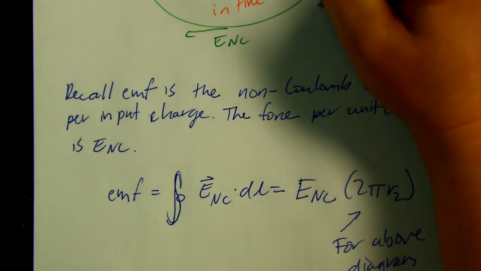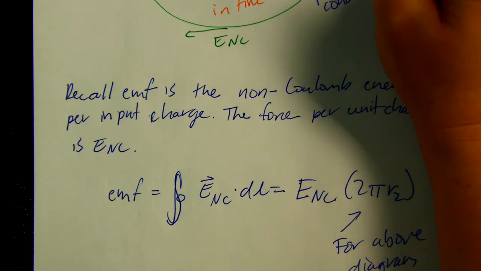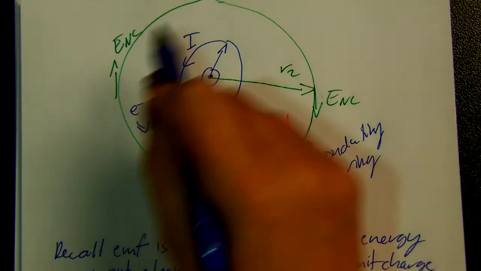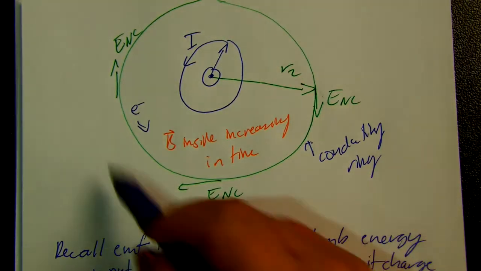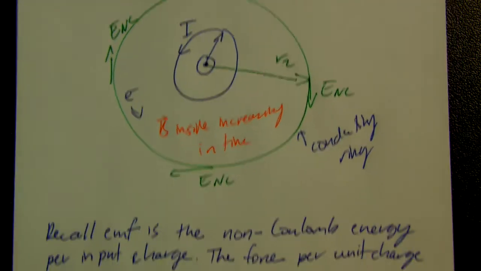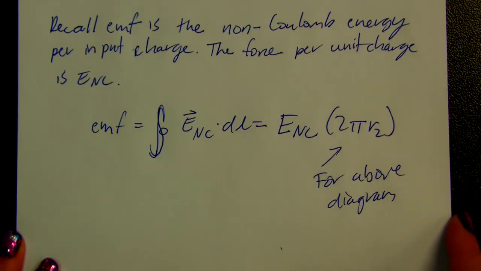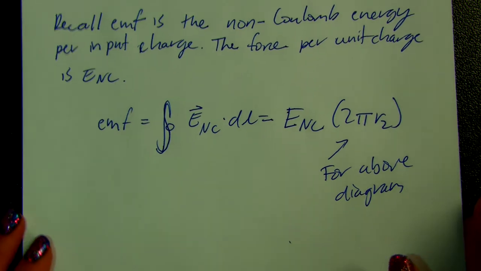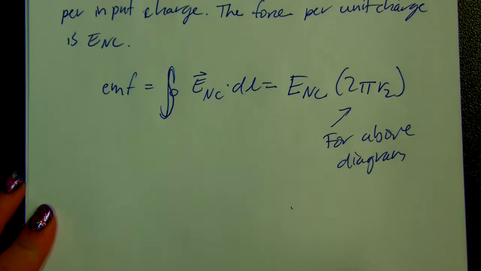So in this case, we would place a conducting ring. And so if you go around that, then you would see that would just be 2 pi r. So make sure that if you haven't brushed up on your perimeters of different shapes, that you have those geometric formulas at your disposal.